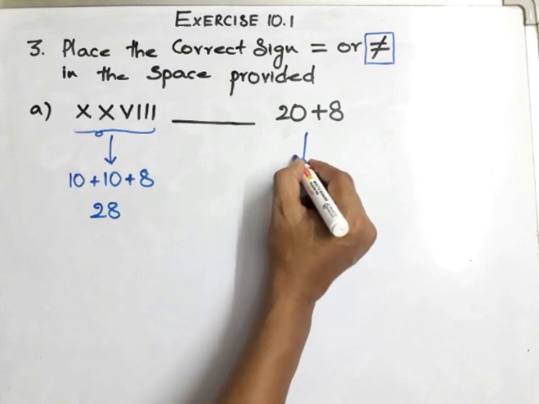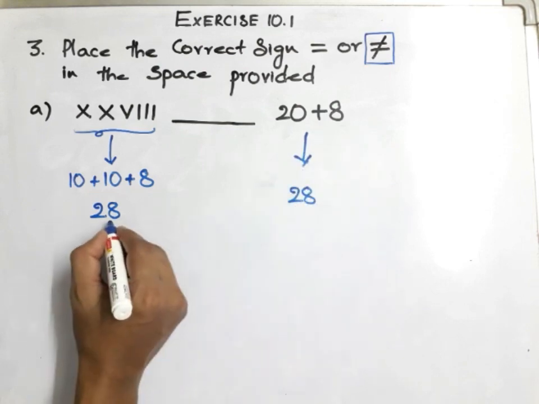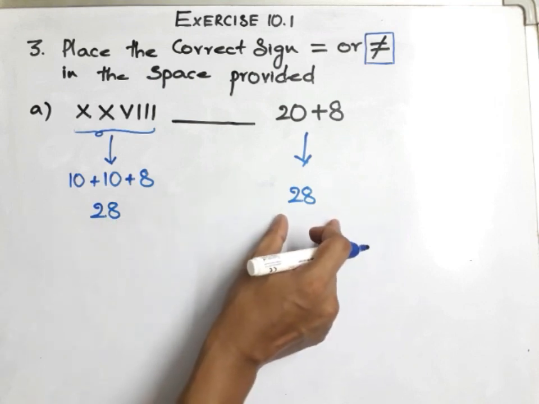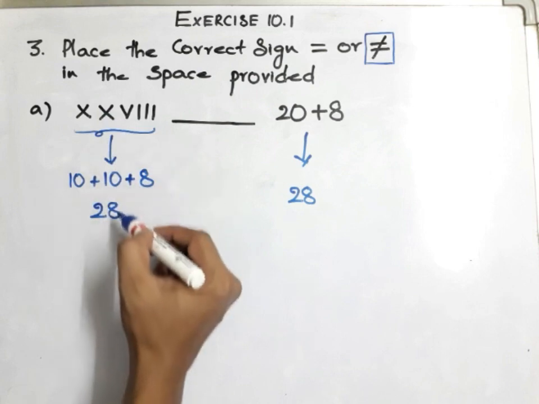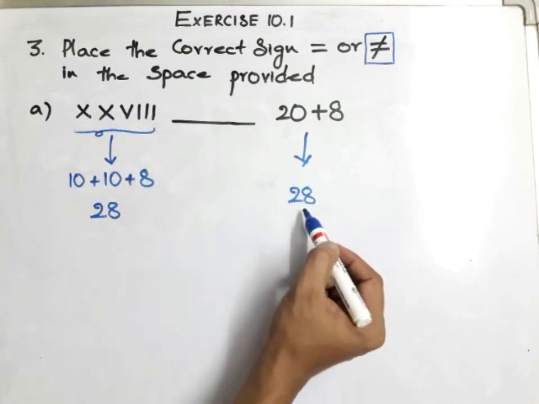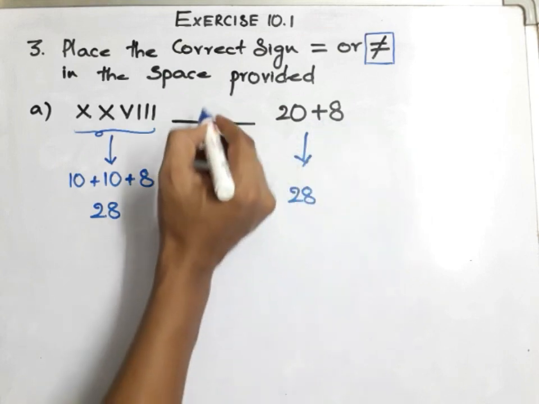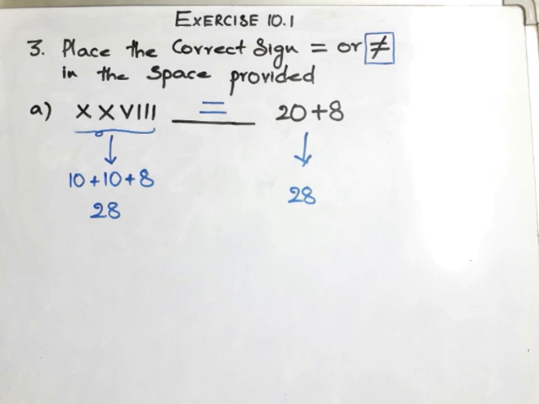Here what is the value of this addition? 20 plus 8, 28. Now can we say that these two are equal? Yes. So writing this 28 as XXVIII like this, or 28 as 20 plus 8, both are same. So mark is equal to. Tomorrow we'll finish all this Roman.